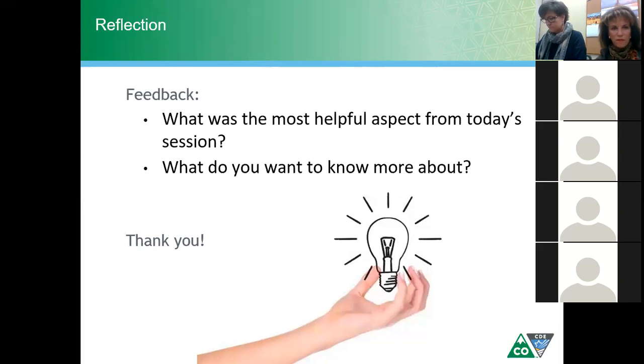Let's see what else here. It says, when will this be shared with districts beyond gifted coordinators? Diane, are you asking when all this information will be shared? Yes, I was at Peppersack yesterday and our assistant superintendents, this was new information to them.